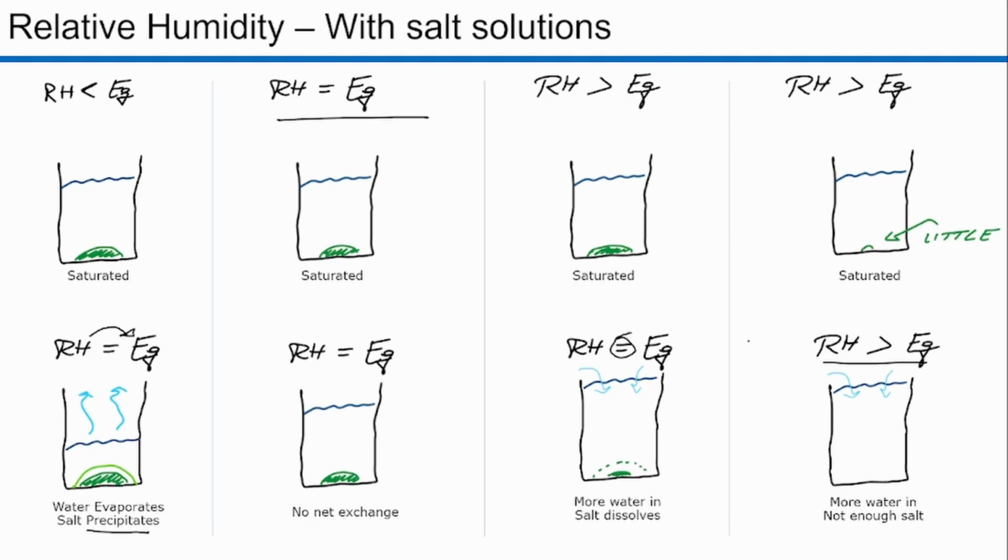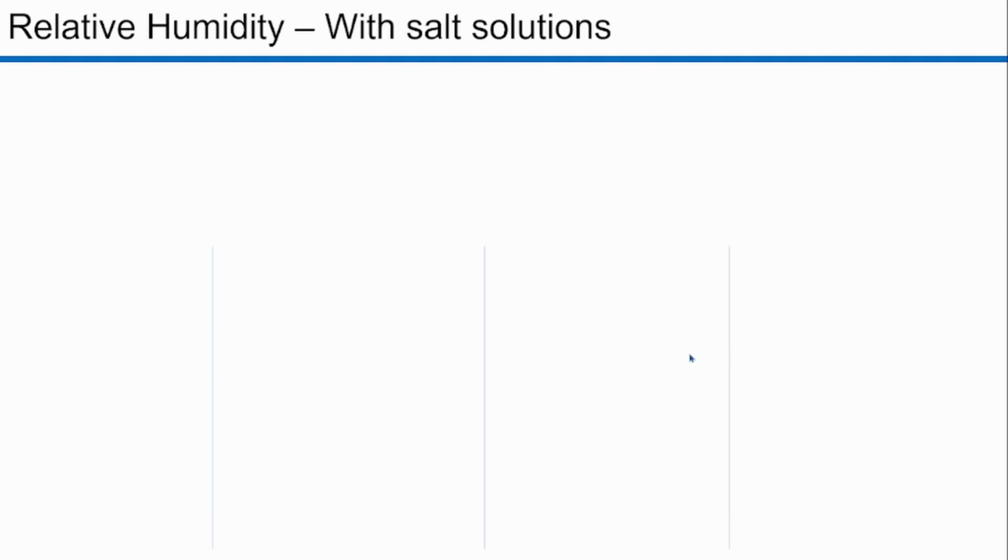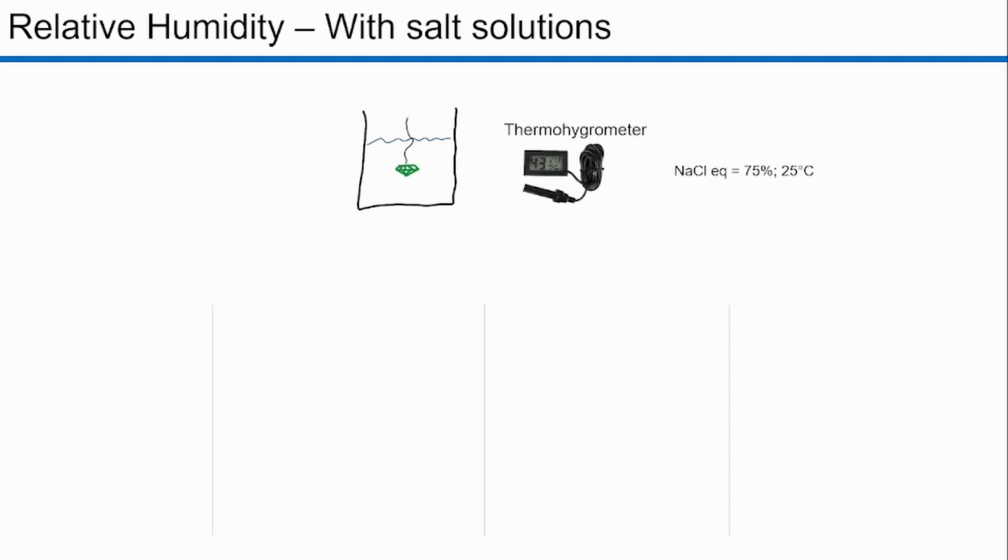What does this mean for your crystal applications? Well, let's assume you have a nice crystal in the solution, and you are checking the environment conditions with a simple thermal hygrometer. It tells you the humidity and the temperature, which now you know is important. So let's say this is a sodium chloride crystal, and we know that its equilibrium humidity is 75% at 25 degrees Celsius.